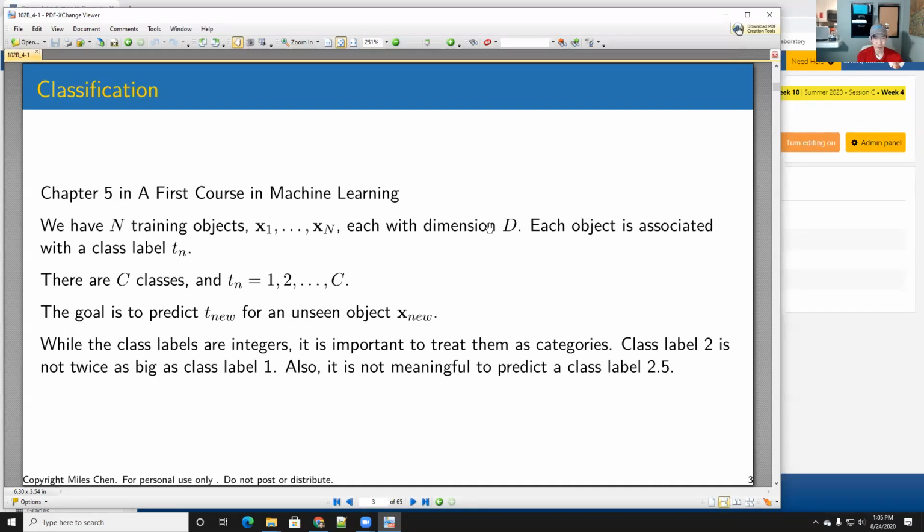So we label them 1, 2 up through C, and when we get a new object, we want to predict what class it belongs to. Even though they're labeled as numbers, we don't treat them as numbers. Class label 2 is not twice as big as class label 1, and there's no meaning to having a class label like 2.5. It's got to be just one of the categories.